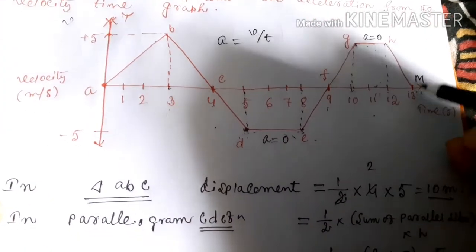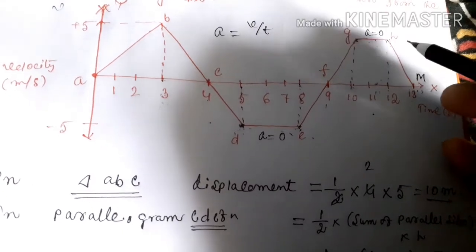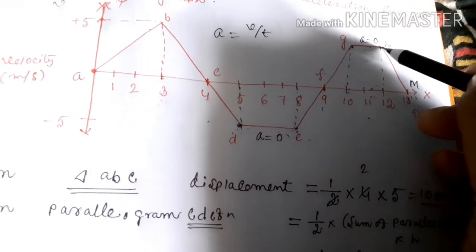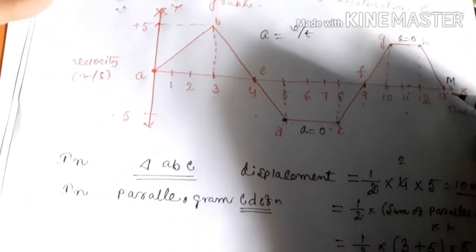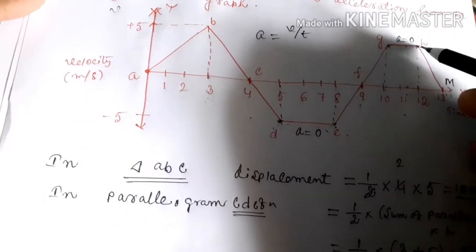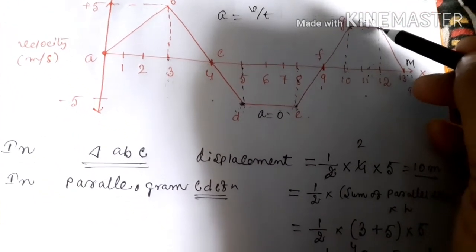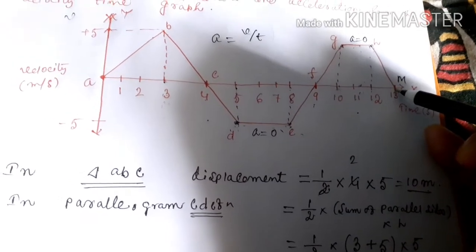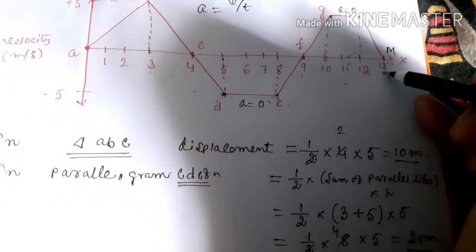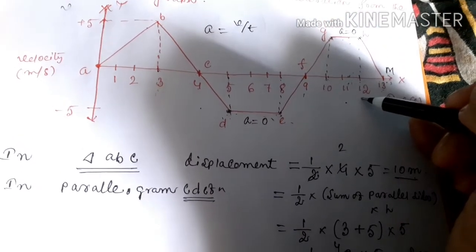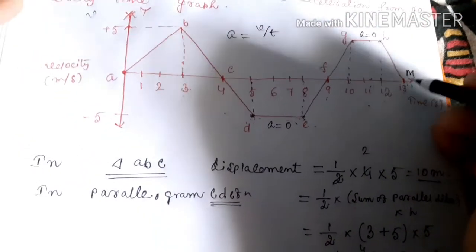If you talk about the HM part, it starts from here, and there is retardation because the velocity is continuously decreasing. So you are getting this 5 and this one is 0. So 0 minus 5 divided by time, which is 13 minus 12, that means 1. So you are getting negative acceleration here.